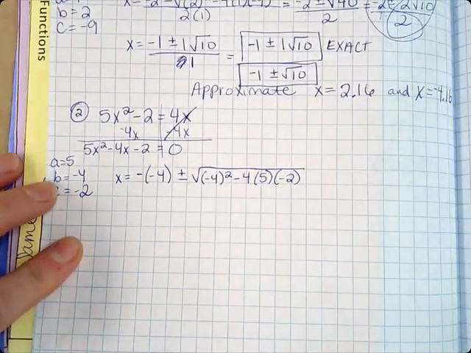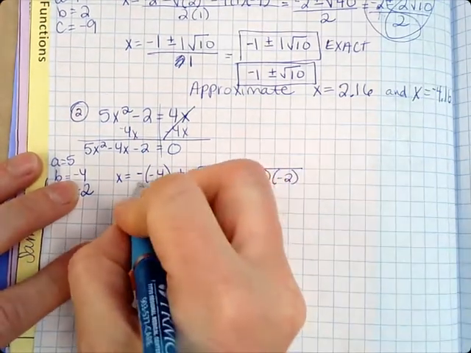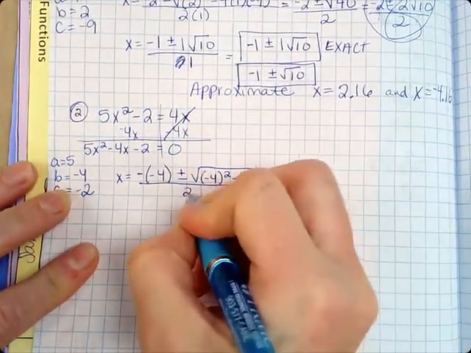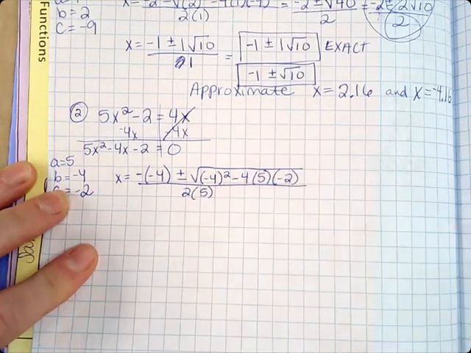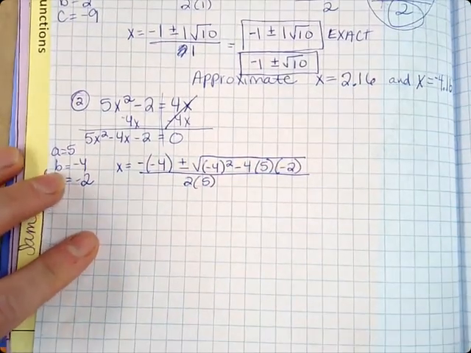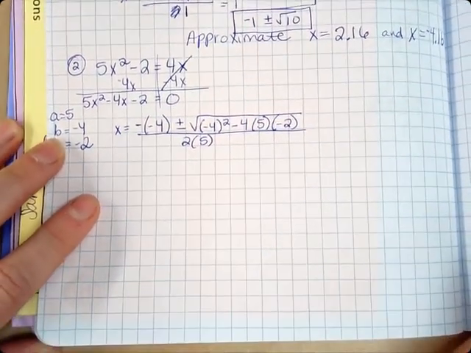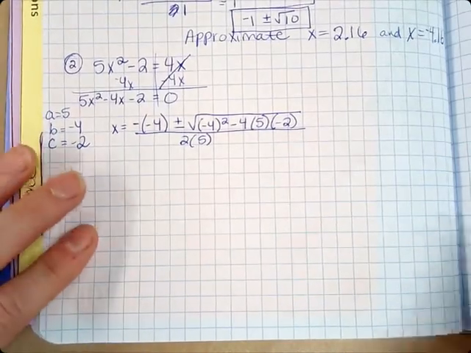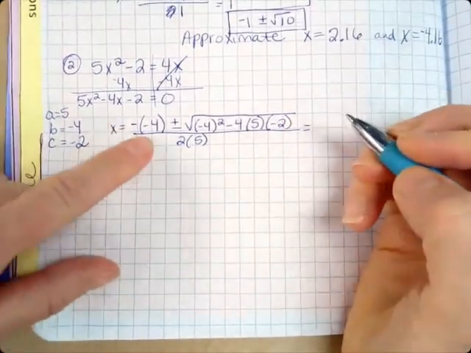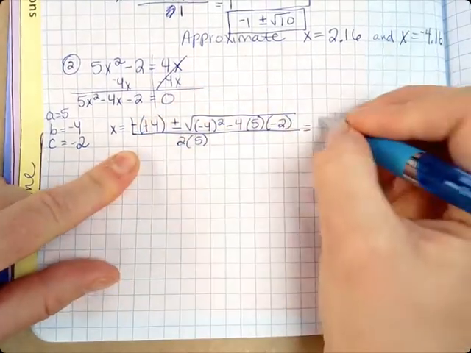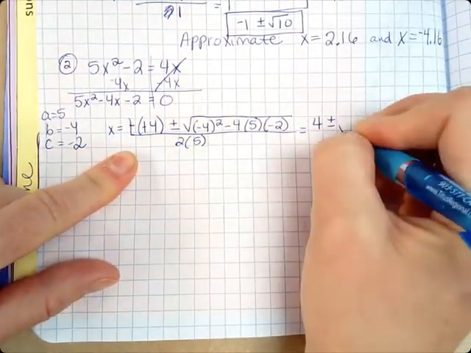So negative 4 squared minus 4 times 5 times a negative 2, all over 2a. So negative 4 is going to become positive 4 plus or minus the square root of.